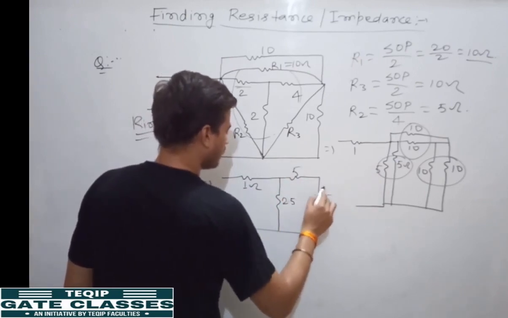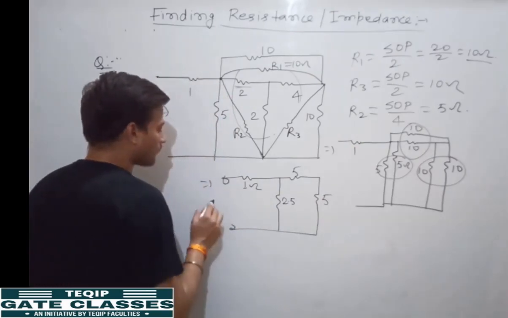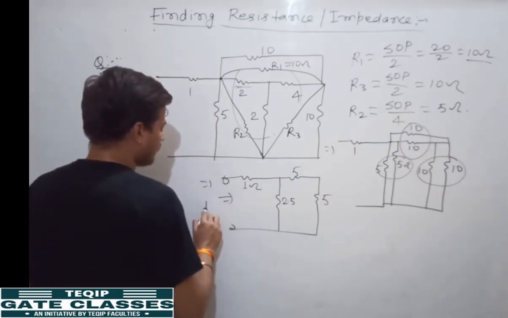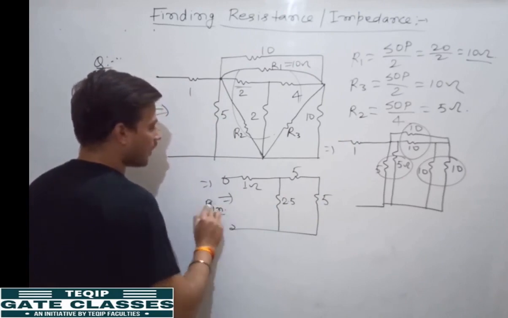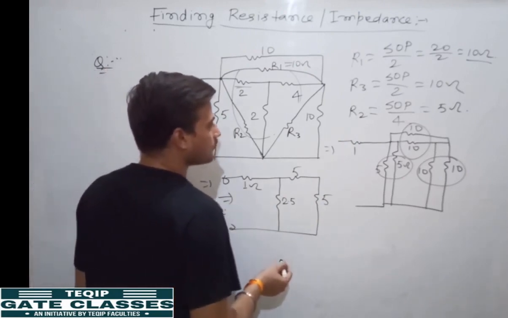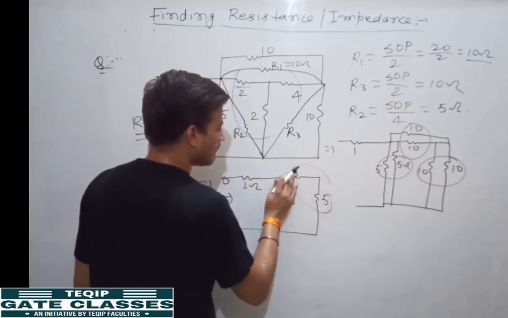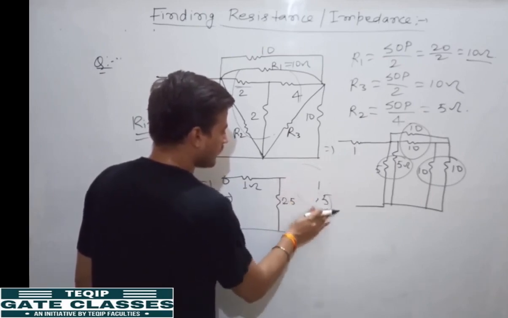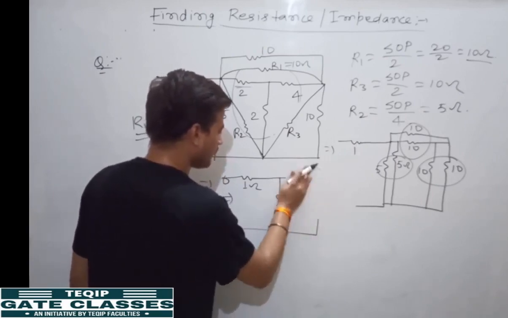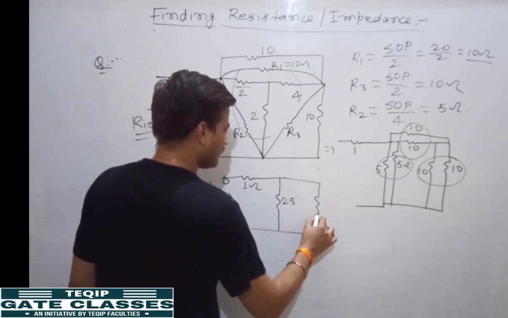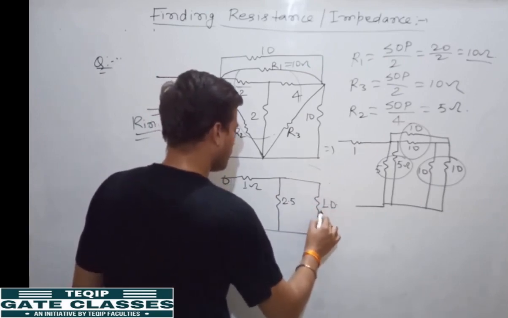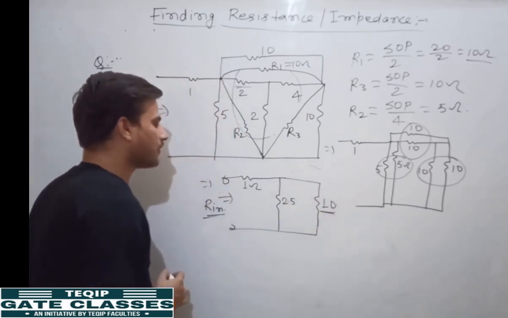This will be the R in. Clear? Now this 5 and 5 will become 10.